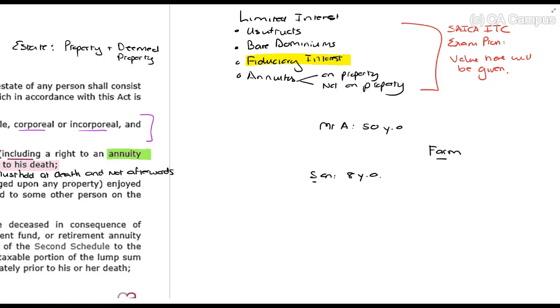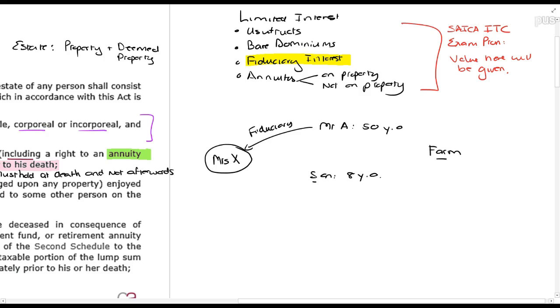So, Mr. A has a friend, Mrs. X, let's say. He says to Mrs. X, I want this farm to go to my son, but when I die, I want you, Mrs. X, to have a fiduciary interest in this farm.